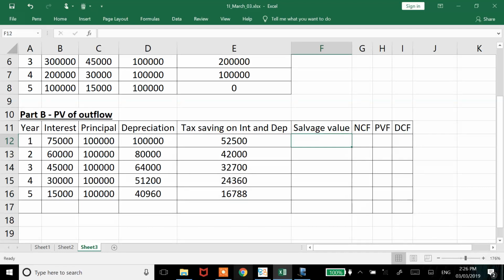My salvage value, the good part is they are saying salvage value will be equal to book value, and it will be the cost of asset minus the 5-year depreciation. Book value and sale value are going to remain the same: 163,840.